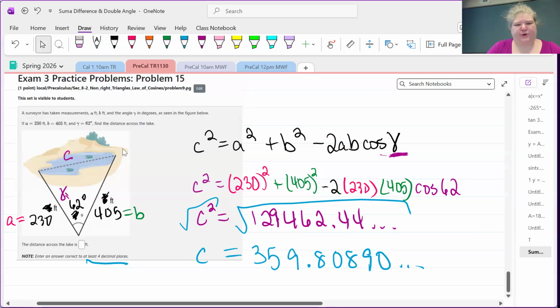Now, if I built a bridge across the lake there, and then I asked, if you were going to walk all 3 sides of this, how much would you walk? How would you figure it out?